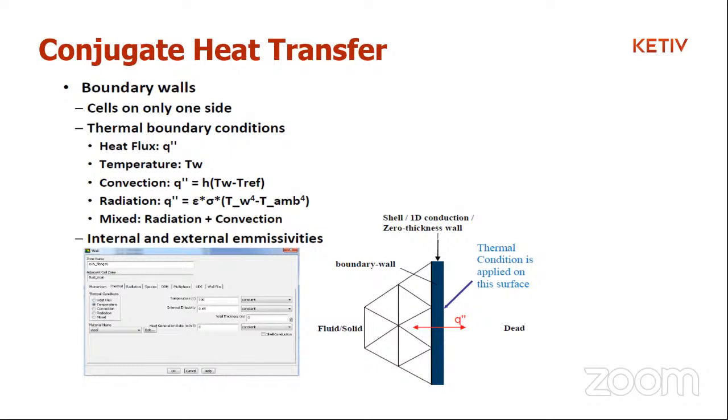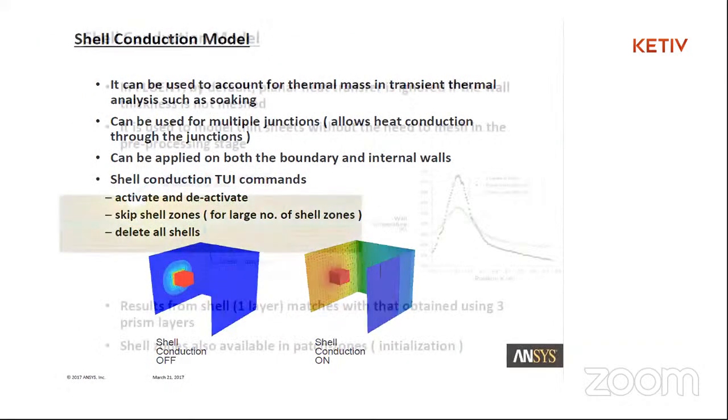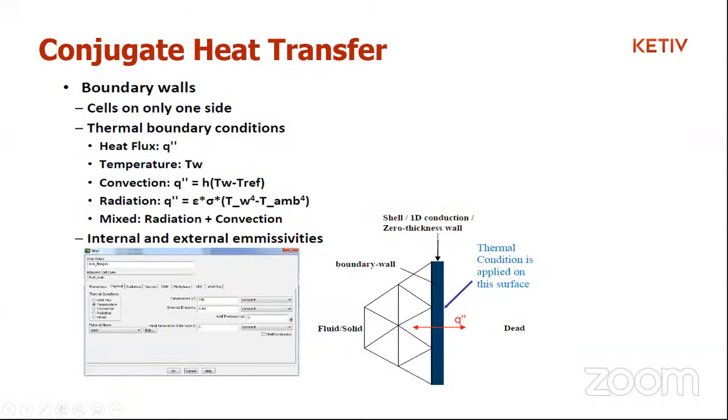I know that I've talked about this in the past, the advantages of having shell conduction available within the Fluent framework, wherein you don't actually have to model the thickness of the solid body, but just having this option of specifying certain layers and thickness in your wall boundary can mimic the planar and normal conductivity just as you would if you were to actually mesh the wall and have some cells in the solid thickness layer.